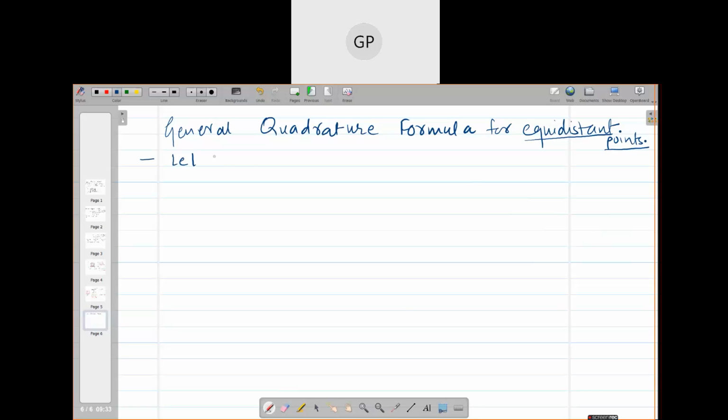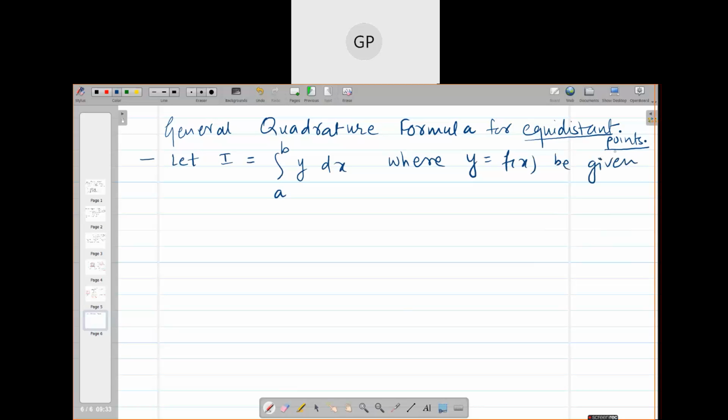Are you writing it? Let I be equal to the integral from a to b of y dx, where y is equal to f of x, be given. So you know the function.